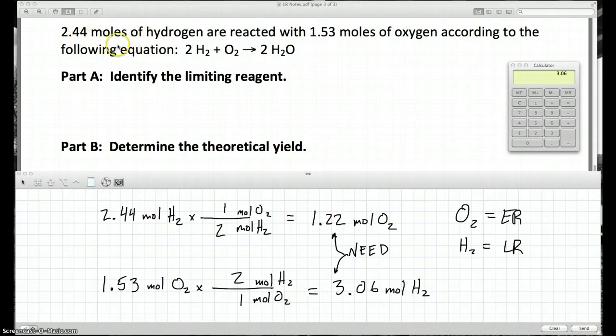So that means I don't have enough, which means I'm going to run out of it, which means hydrogen is limiting. Because by definition, limiting reagent is the one you run out of first. And if H2 is limiting, O2 is the excess reagent. So it doesn't matter which number you start with. Either way, you'll see that you get the same result. You'll figure out the correct limiting and correct excess.